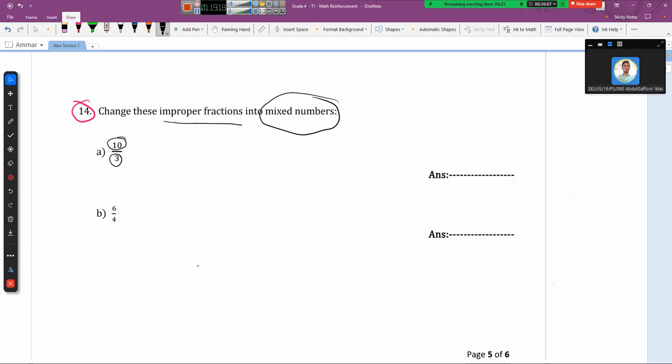So here 10 is greater than 3, so this is an improper fraction, and here also 6 is greater than 4, again this is an improper fraction, right? Okay. Now, do you have any idea about how to convert the improper fraction into mixed numbers?